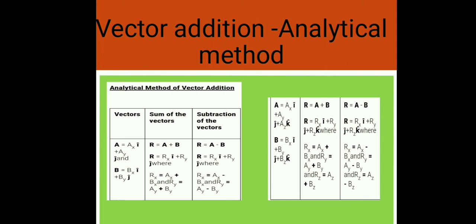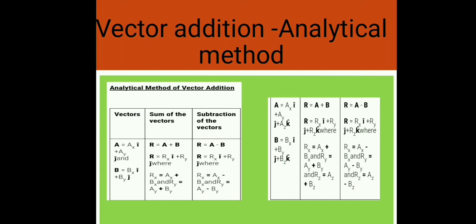Consider a vector A, which is Ax i cap plus Ay j cap, and B, that is Bx i cap plus By j cap. Now the sum of vectors is R equals A plus B, or you can say R equals Rx i cap plus Ry j cap, where Rx equals Ax plus Bx and Ry equals Ay plus By.